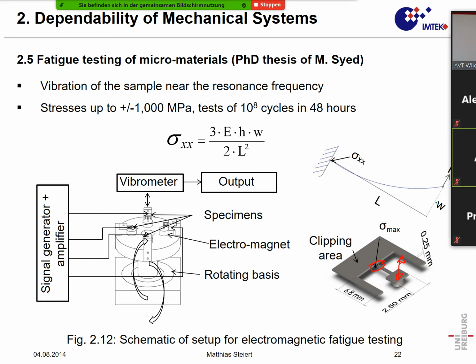We glued a very small magnet here, and we put a coil underneath, and on that coil we put an alternating voltage, and in that way we could deflect this bar, and the stress here can be seen.